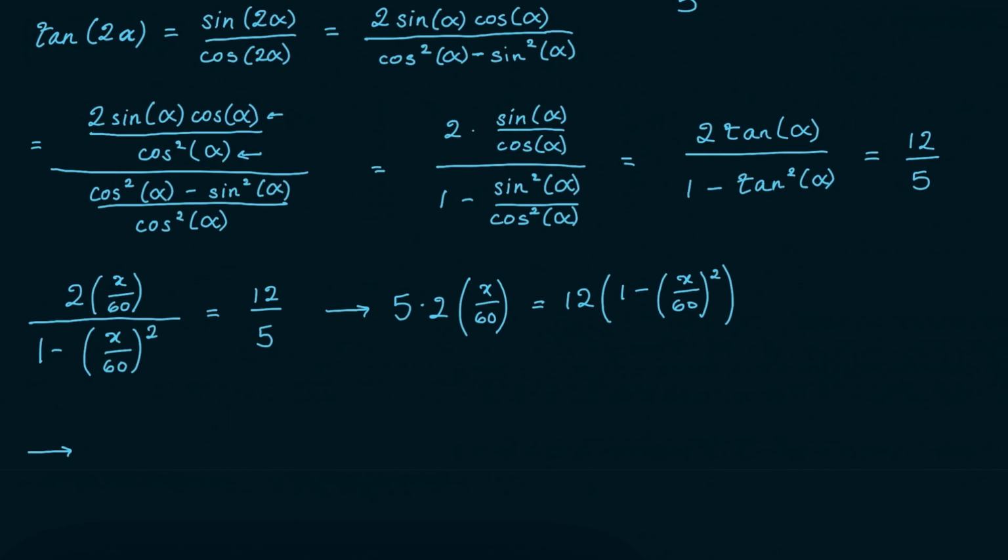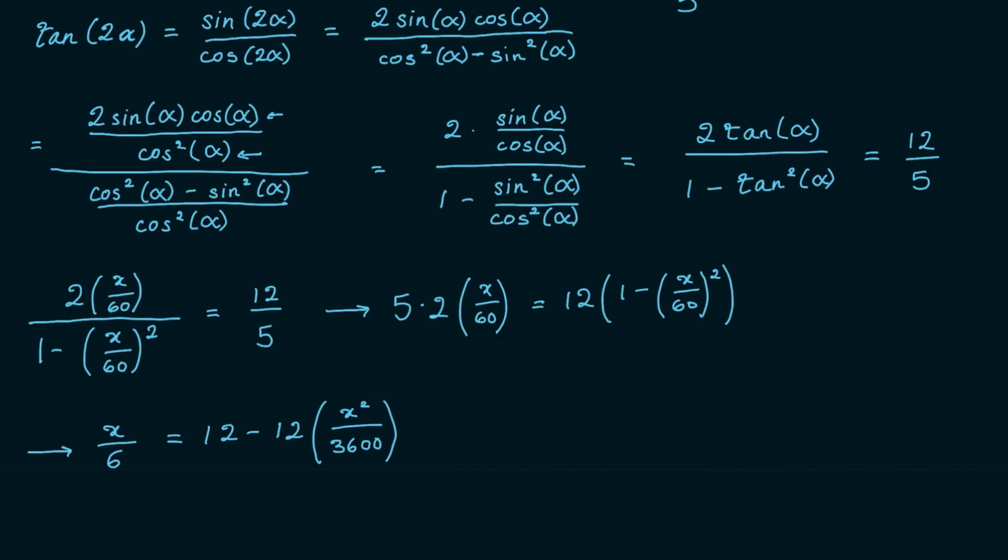So we can rewrite this as x over 6 is equal to, now let's distribute the 12 on the right-hand side. 12 minus 12 times x over 60 squared, which is x squared over 60 squared, which is 3,600.